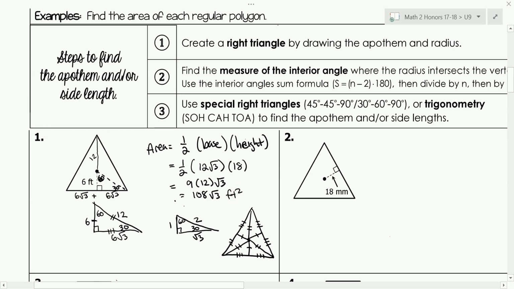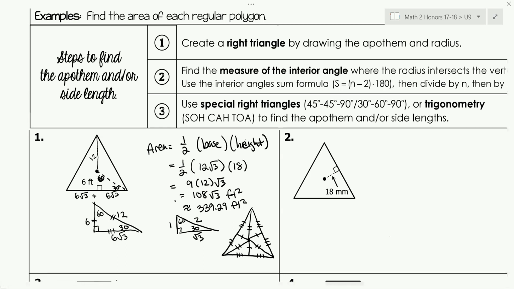But if I say approximate it, then you're going to use your calculator. Anybody have that? What does that come out to be approximated? 339.29? Okay.